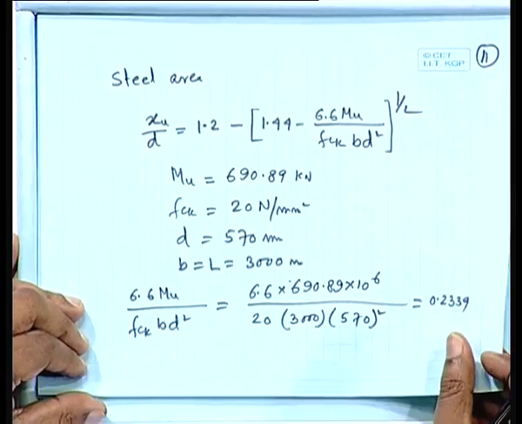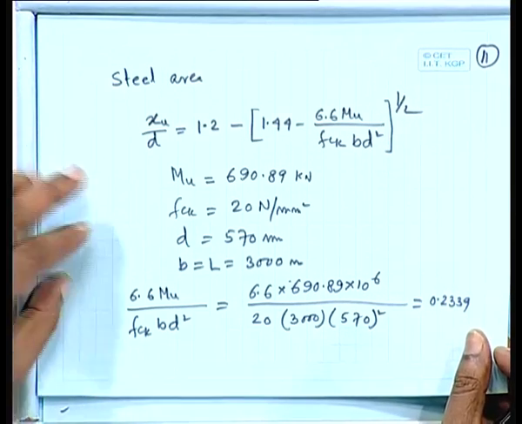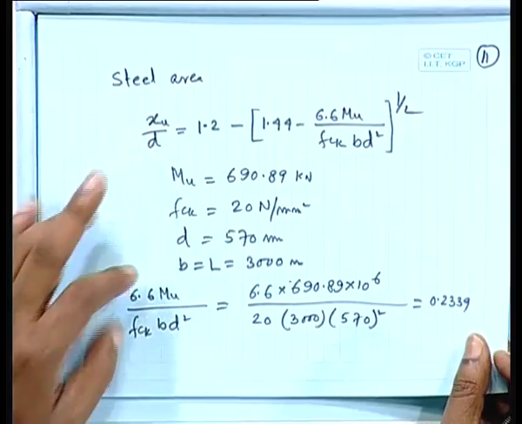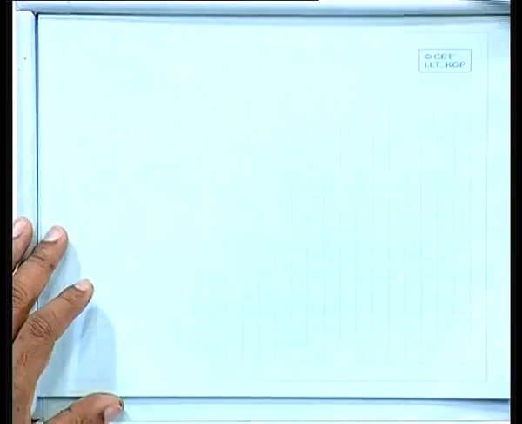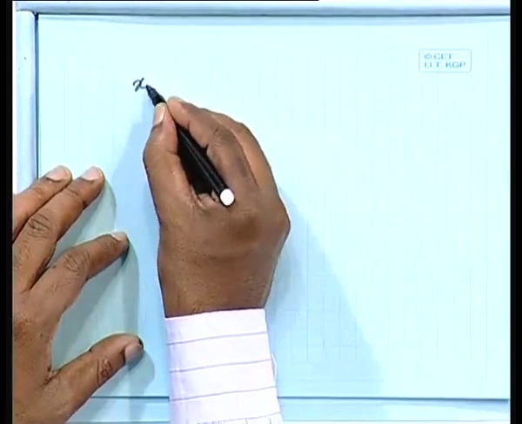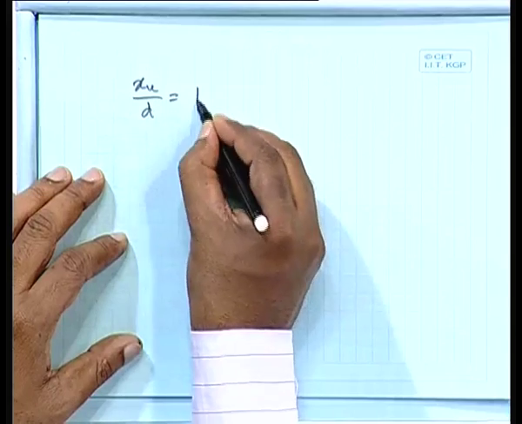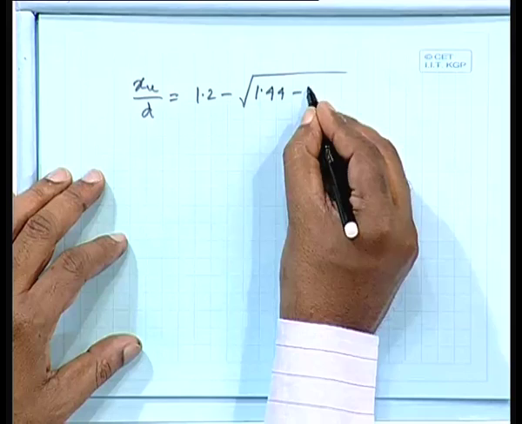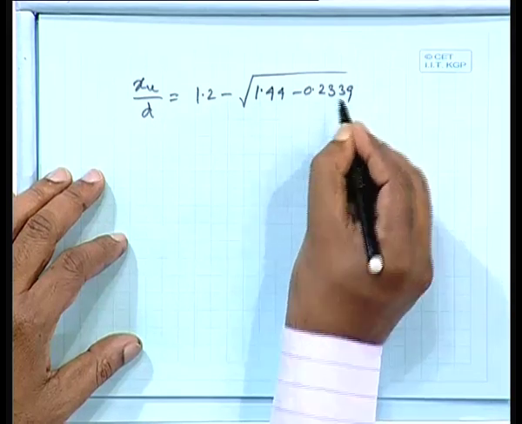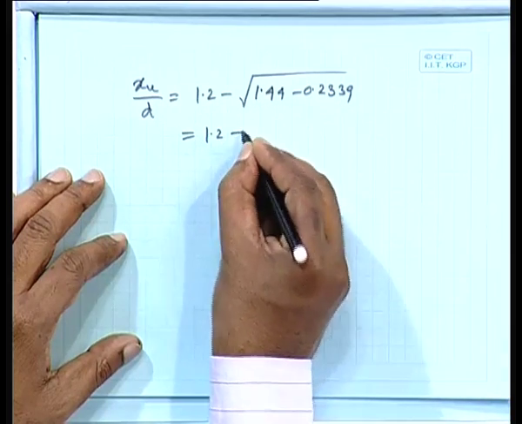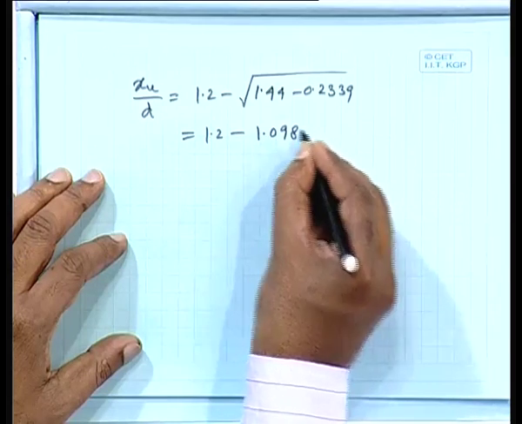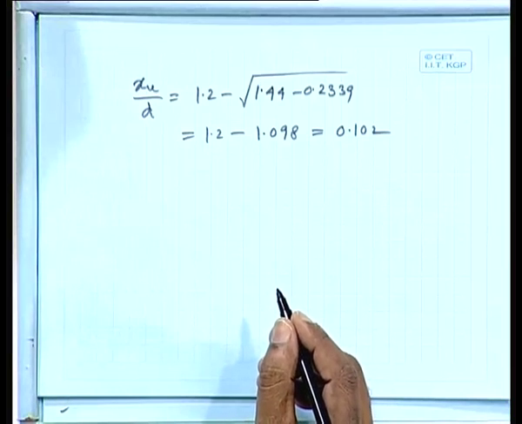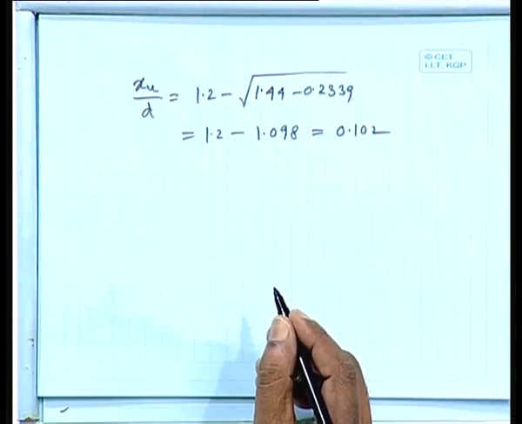We can put it back here. So, xu by d equals 1.2 minus root over (1.44 minus 0.2339), equals 1.2 minus 1.098, equal to 0.102. So, xu by d we have got as 0.102.